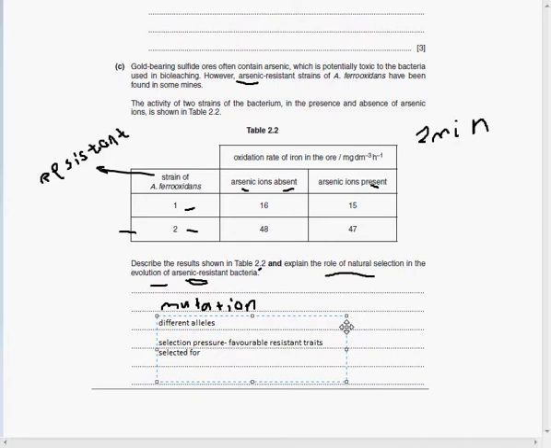Then what happened? So we get 2 different species. We get a resistant species. As simple as that.